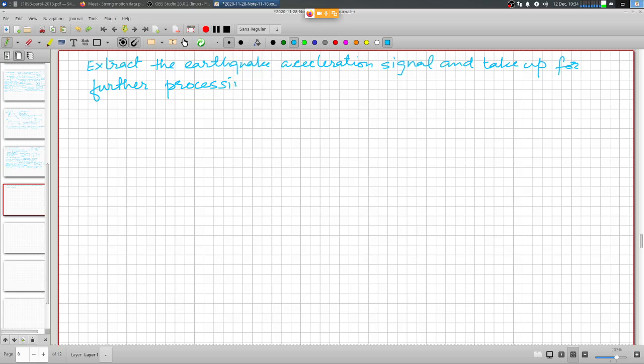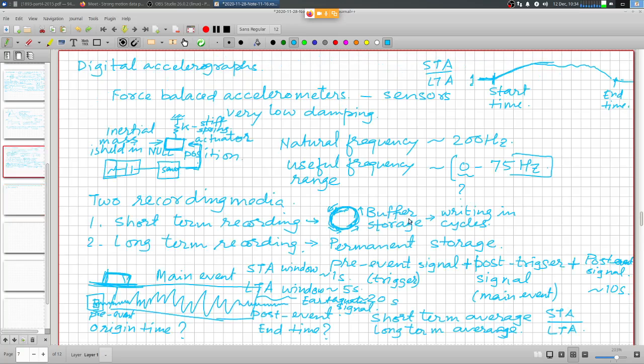Now, a lot of things happen before we go for further processing. Even for this case, how do we get this? There are lots of things that happen before this signal is actually recorded on the storage media.